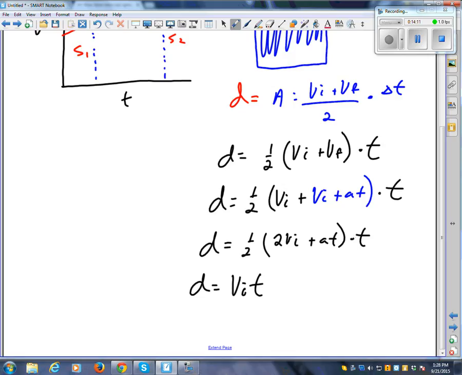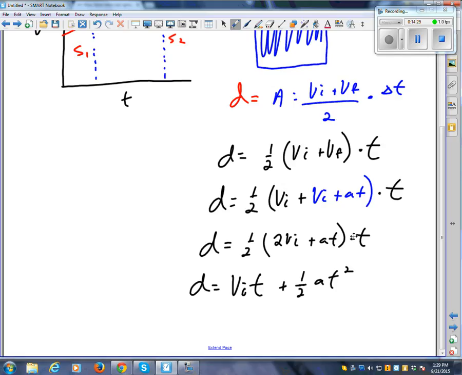D equals VIT. Then I take 1/2 and multiply by AT, and then multiply by t again. So I'm going to have 1/2 AT squared.